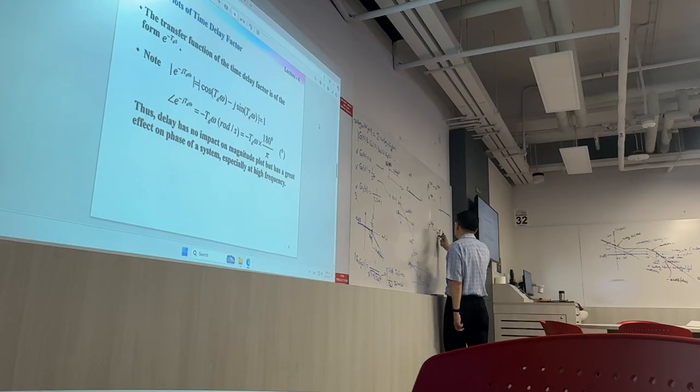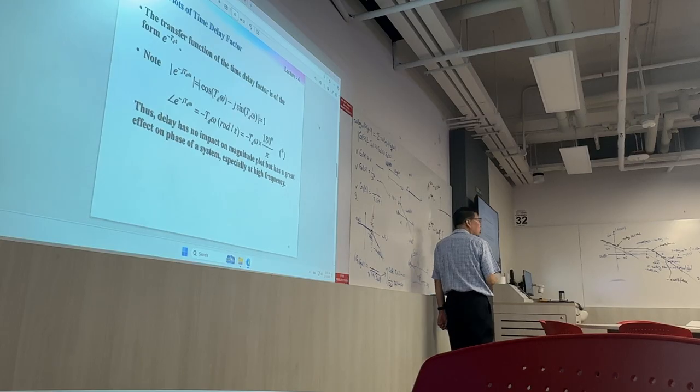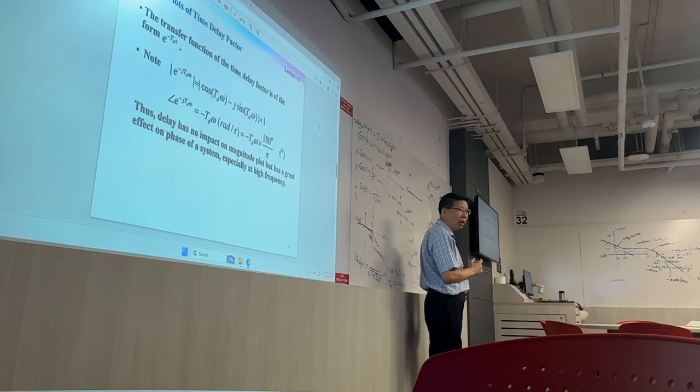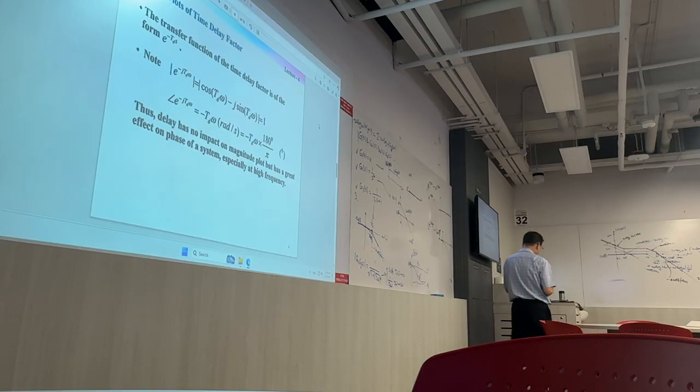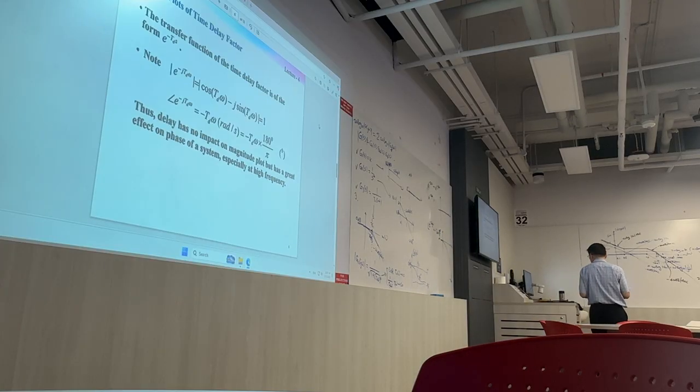Then when frequency increases, going to infinity, it's going to be like this. So it's going to minus infinity. So the damping is very bad. As we're going to see later on, this guy is going to go all the way to negative infinity. So when a system has a large time delay, then it's not going to be stable. There's no way you can make it stable.